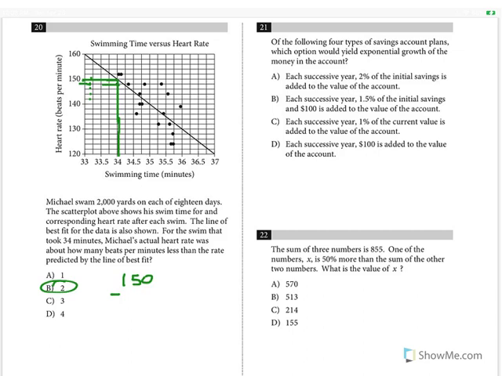Of the following 4 types of savings account plans, which option would yield exponential growth of the money in the account? All right, so this is an understanding type problem. Each successive year, 2% of the initial savings is added to the value of the account.